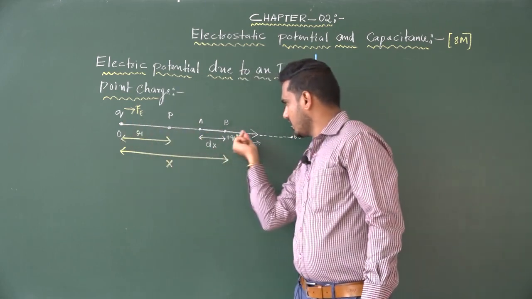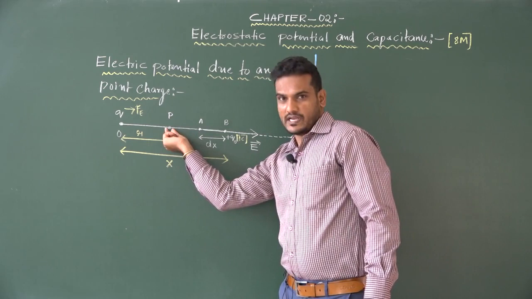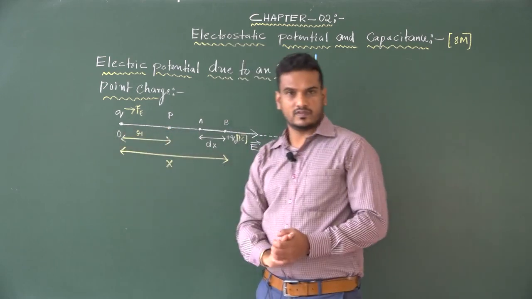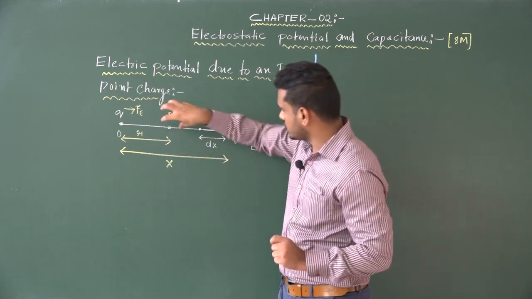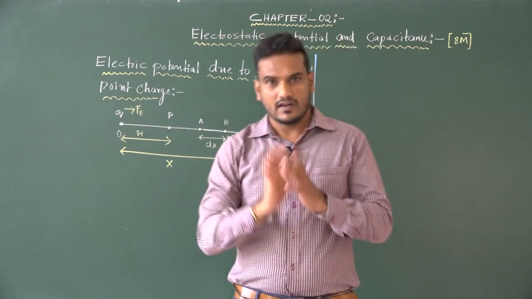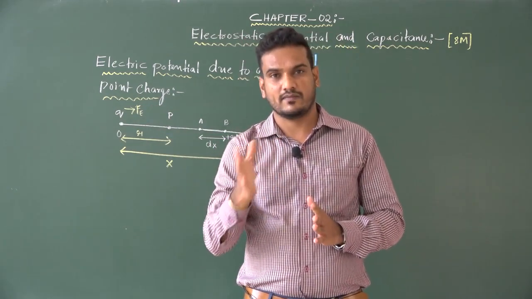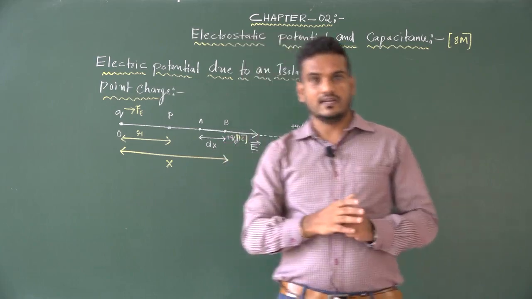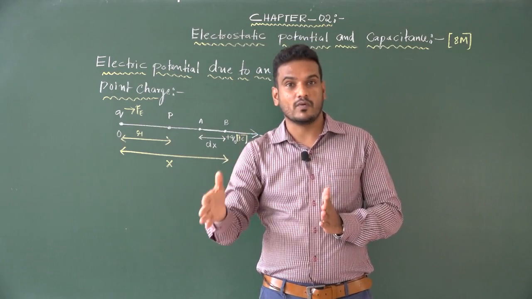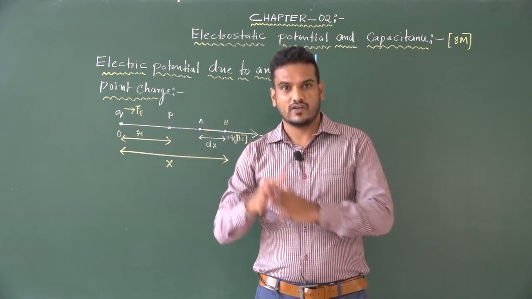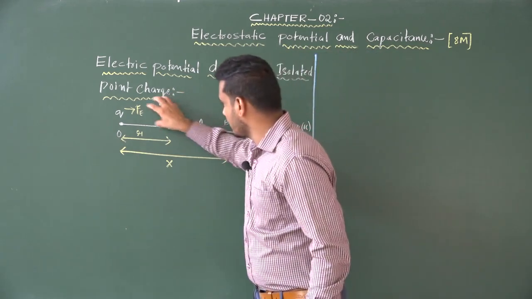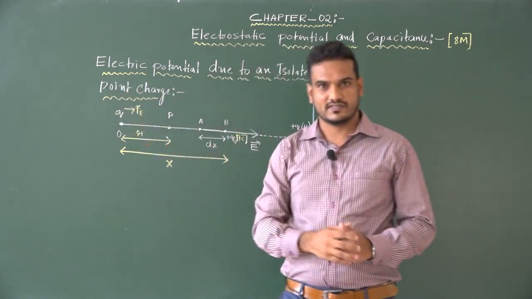On this electric field line, the point P is marked at a distance of r from the point O. We need to calculate the potential at point P due to the isolated point charge. According to the definition we learned, electric potential is the work done in bringing a unit positive charge from infinity to that point, which means we need to bring a unit positive charge from infinity to the point P against electrostatic force.